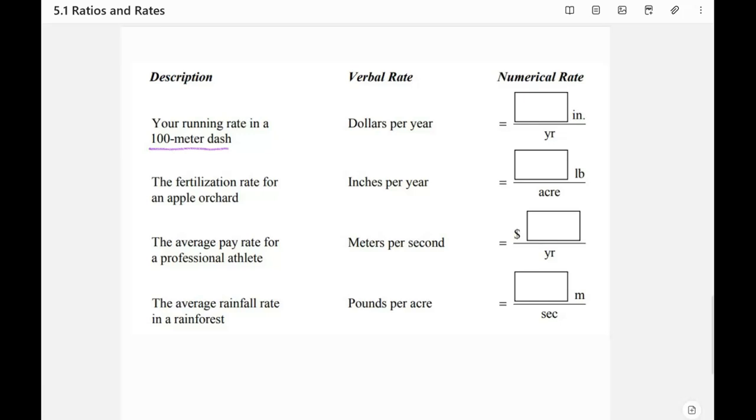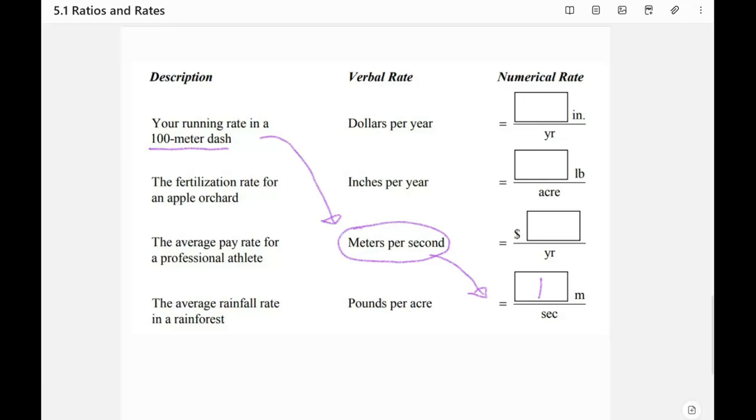So it cannot be dollars per year. When we look at this, we have meters per second. That would be the match for that. And to write this in unit numerical rate, we're looking for 1 meter per second, which is the match right there.